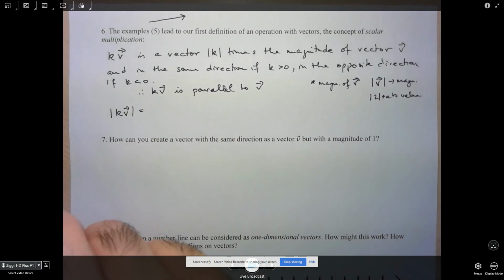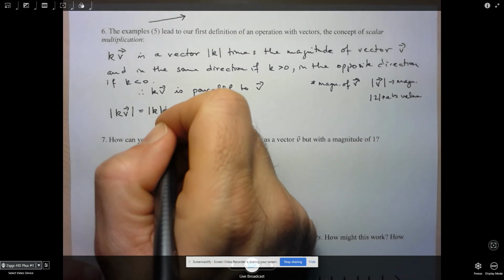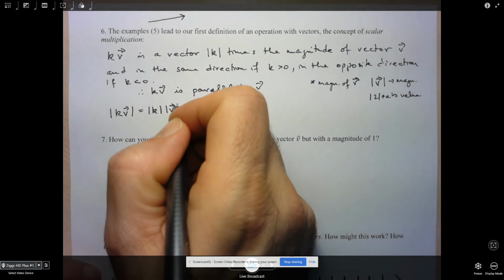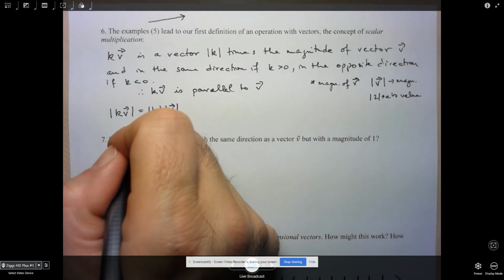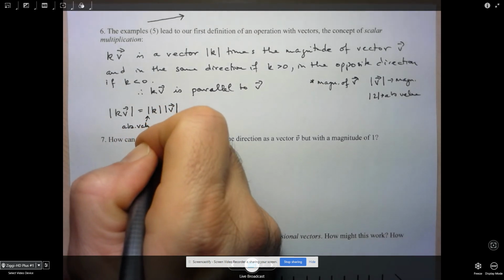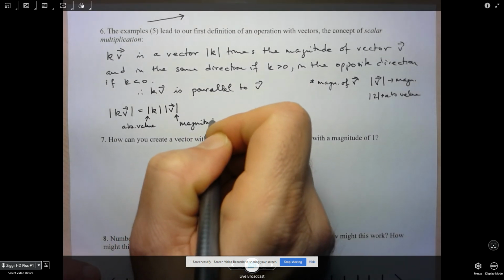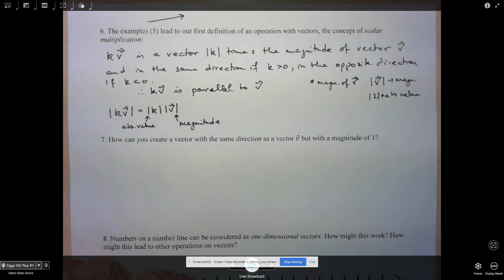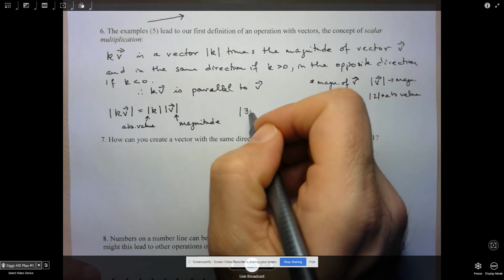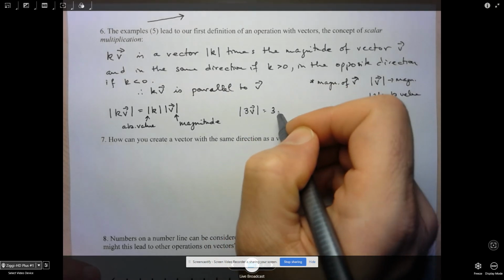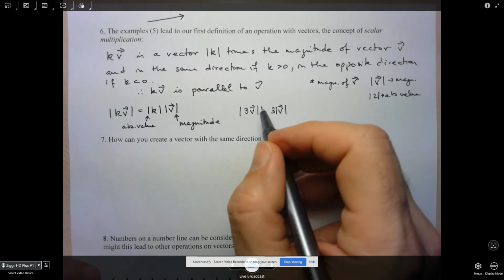So if I were to write this out using my notation, it's the absolute value of k times the magnitude of vector v, where in this situation these bars represent absolute value, and in this situation this represents the magnitude. So if I have the magnitude of the vector 3v, it's going to be equal to 3 times the magnitude of the vector v. So if vector v has a magnitude of 10, this is going to have a magnitude of 30.